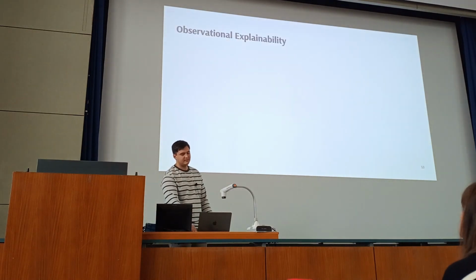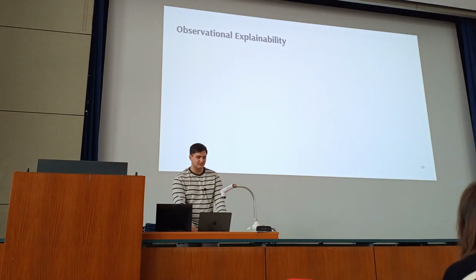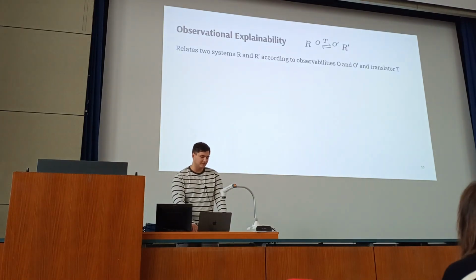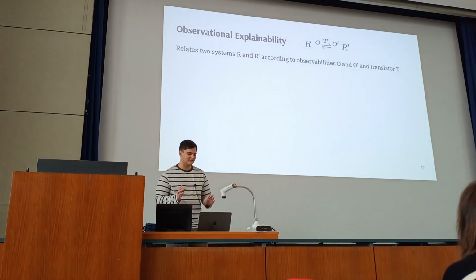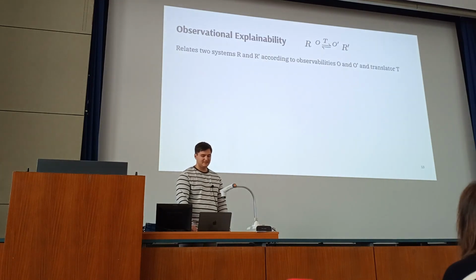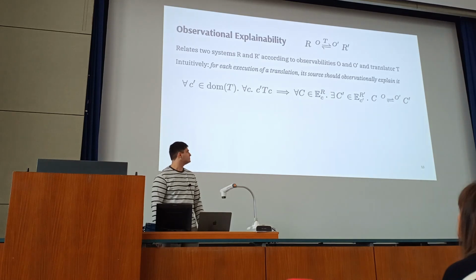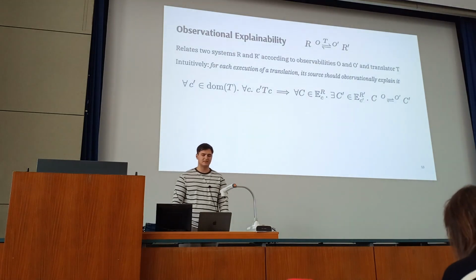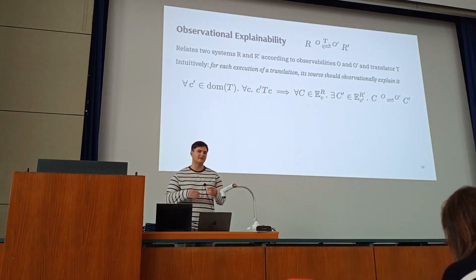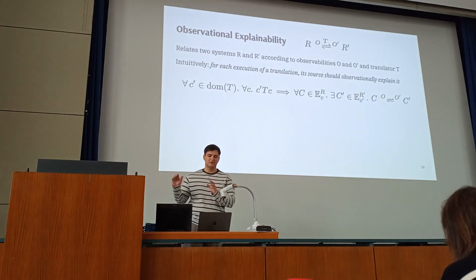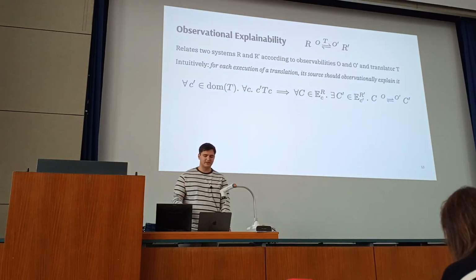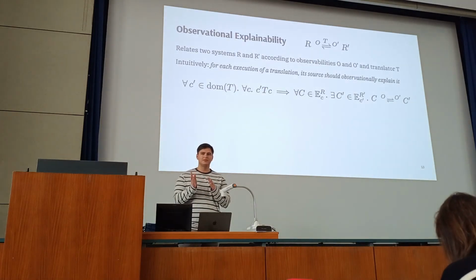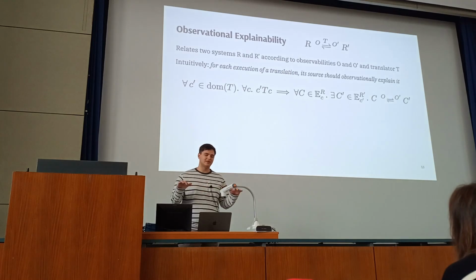Now, observational explainability is a property which relates to systems according to their observability functions and a certain translation relation. It looks like this, not too complex, and essentially it just means that for each execution of a translated low-level program, the original program should have an execution which explains the low-level execution.